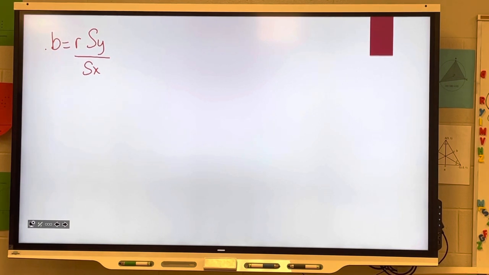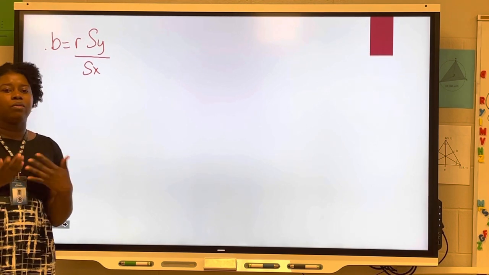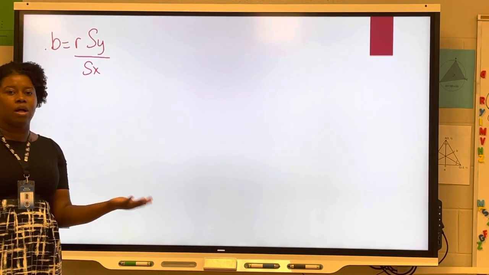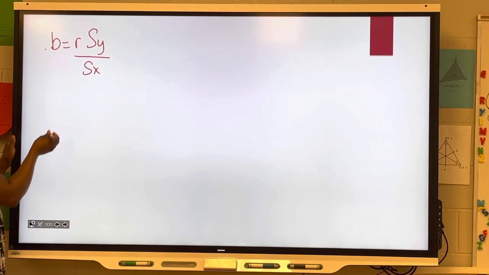You could be asked to find the r value. You're going to be given b, sy, and sx to find r. If you don't really like algebra, I'm going to show you how to rewrite these equations so you can always move faster and find what you want without having to do all that calculation.